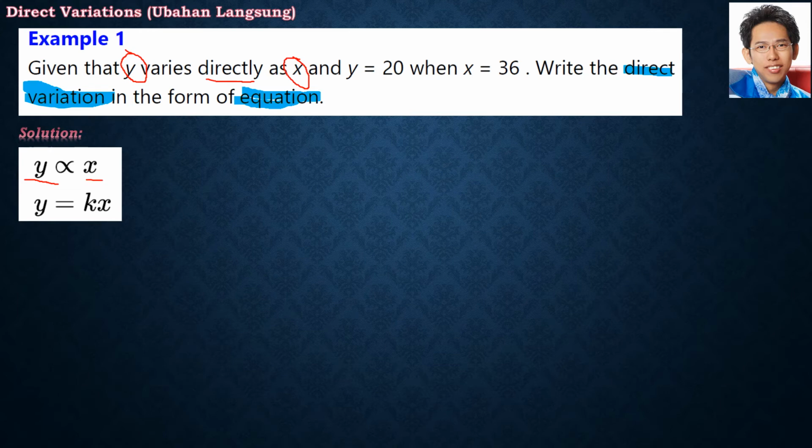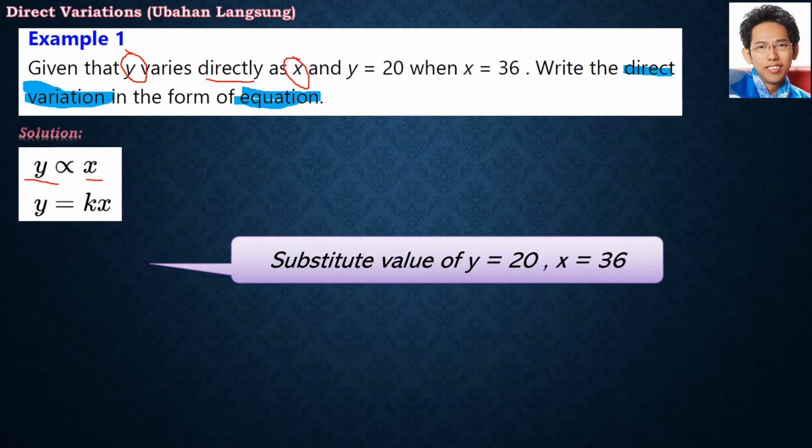And just now I told you already, when we change to the equation, always change the variation sign to the symbol to become equal to k. Okay, and then the next step is we substitute the value of y equal to 20, x equal to 36 into the equation here.